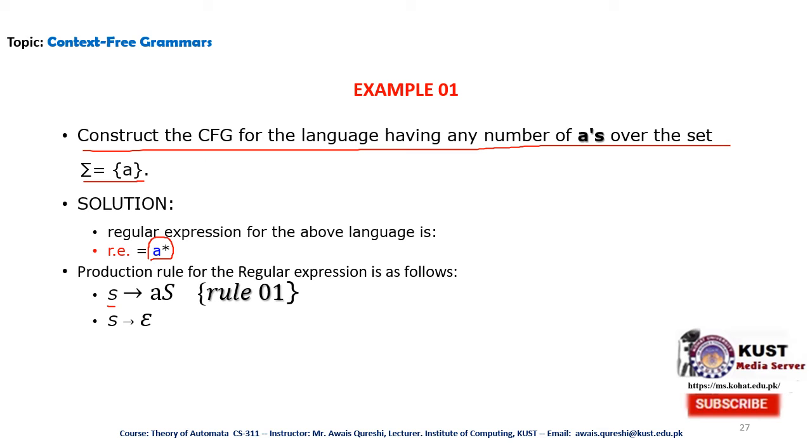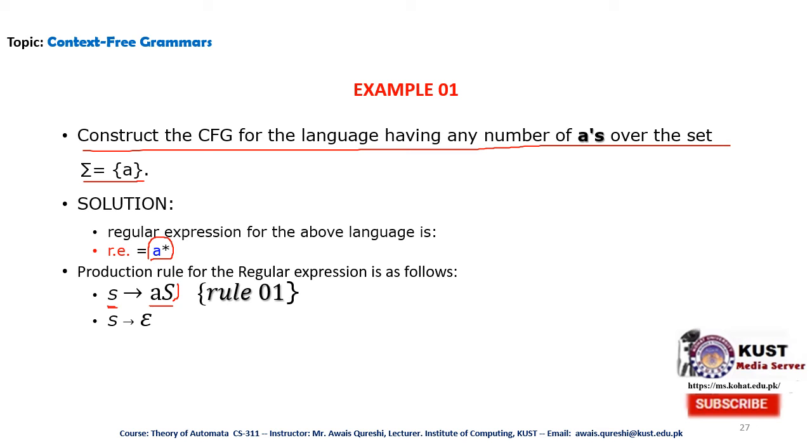S is a non-terminal, and on the right hand side we have a terminal and a non-terminal, because you can see that S will always appear on the right hand side as well. So this means that we can replace S with aS later on when we are applying this rule. a is a terminal and S is a non-terminal.